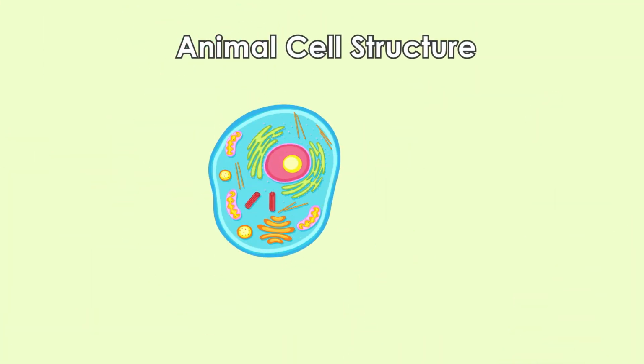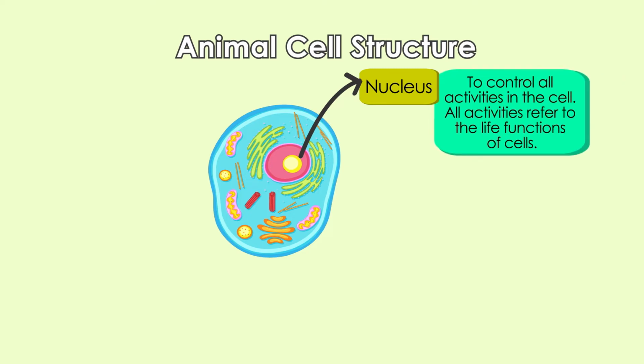Boys and girls, this is how the animal cell structure looks like. Number 1. This is the nucleus. The function of the nucleus is to control all activities in the cell.